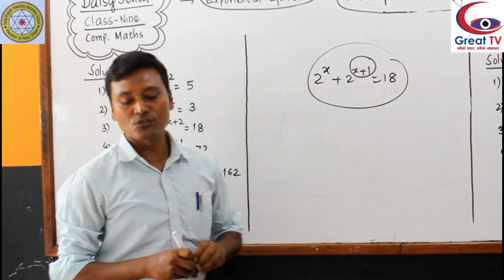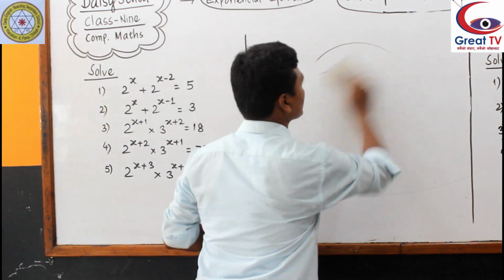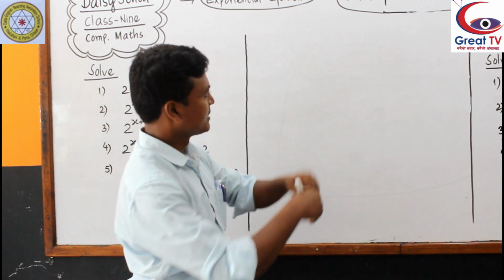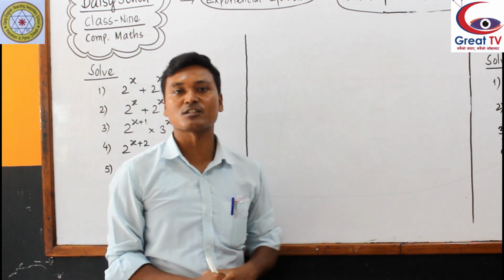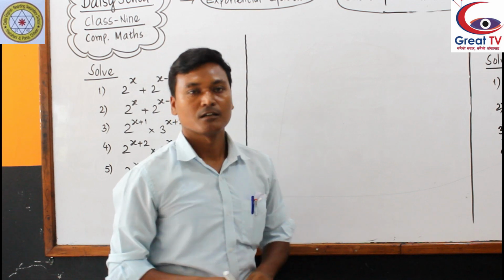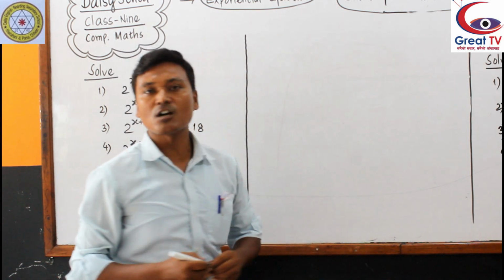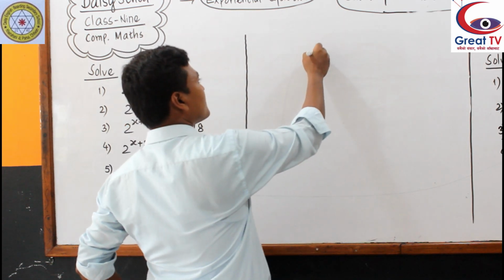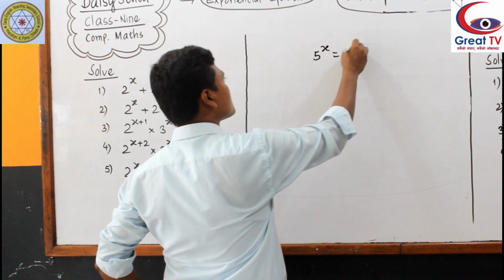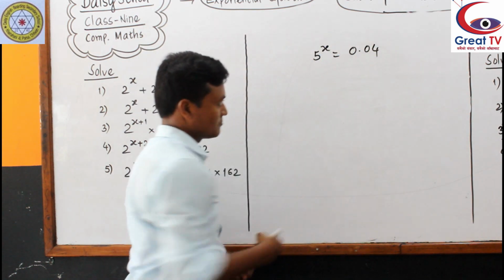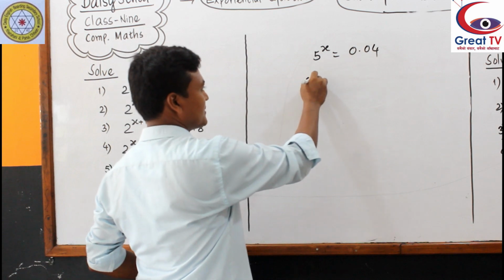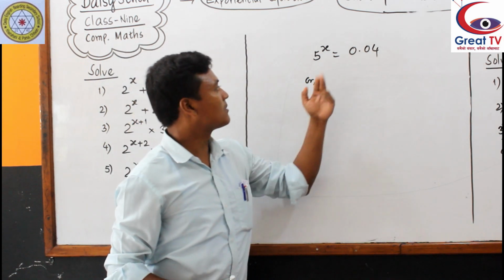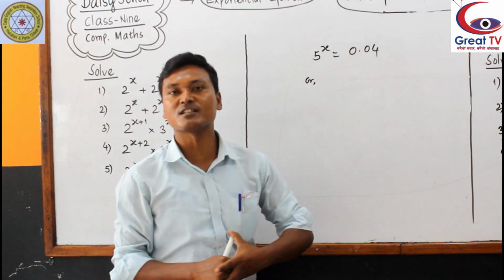Before we solve it, I must tell you something. We have already read two classes on the same topic. Sometimes in some books you may see this type of question: 5 to the power x equals 0.04. We have already talked about the main concept of solving exponential equations.